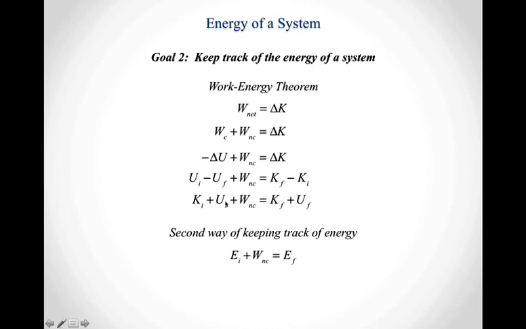Notice kinetic plus potential, again, that's just the mechanical energy. So what this equation tells me is that I can keep track of the energy of my system by thinking about the total mechanical energy it starts with, plus the work done by non-conservative forces. That's going to tell me the final total mechanical energy of my system.